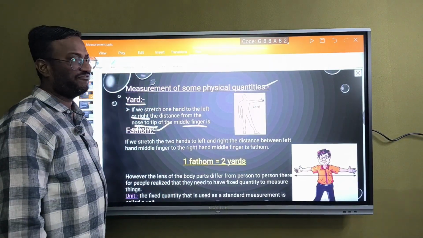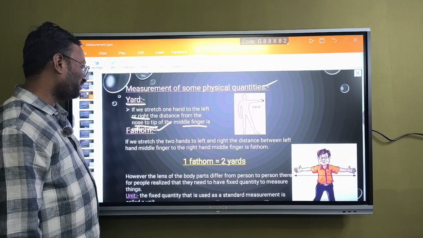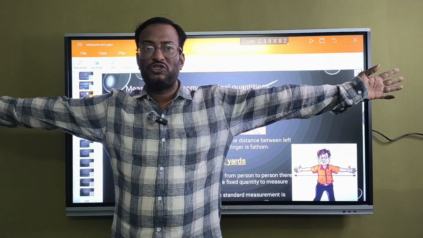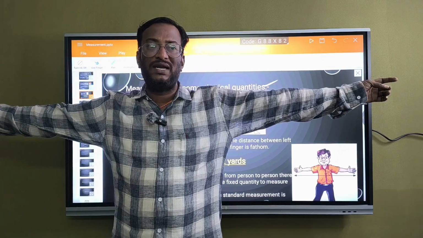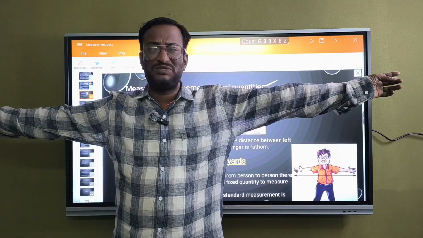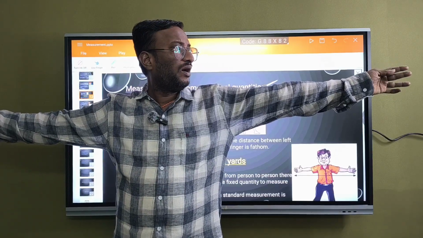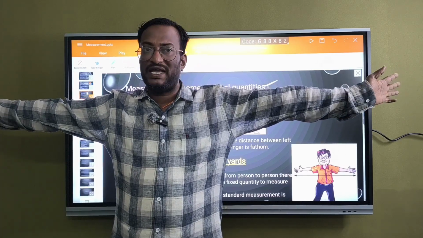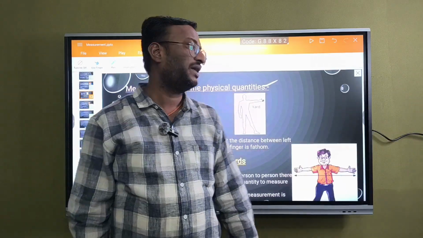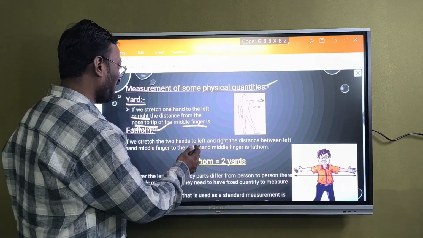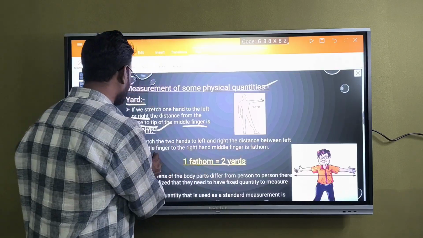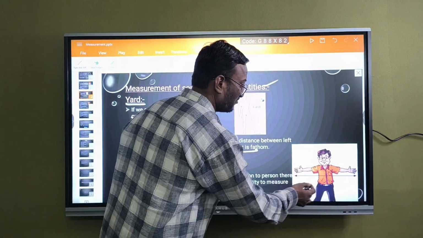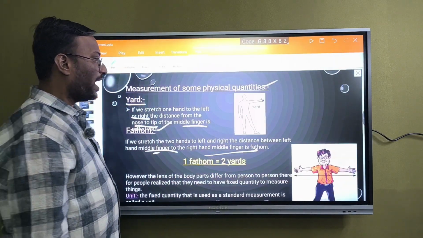Next one is fathom, F-A-T-H-O-M. What is fathom? If you stretch two hands, left and right, the distance between the tip of the left middle finger and the tip of the right middle finger, or right to left, is known as a fathom.